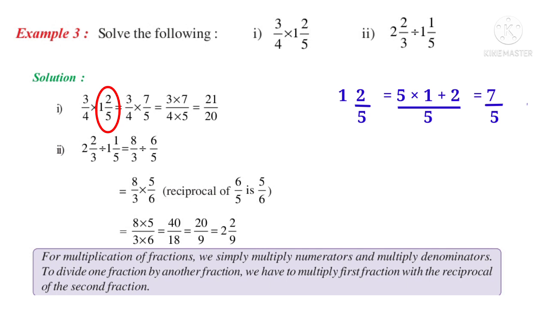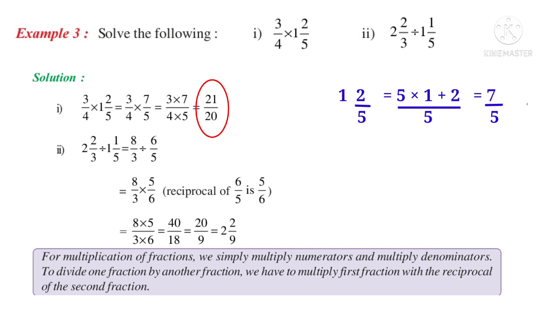That is equal to 3 by 4 into 7 by 5. That is equal to, in the numerator, 3 into 7, that is equal to 21. In the denominator, 4 into 5 is equal to 20. That is 21 by 20 is the answer.